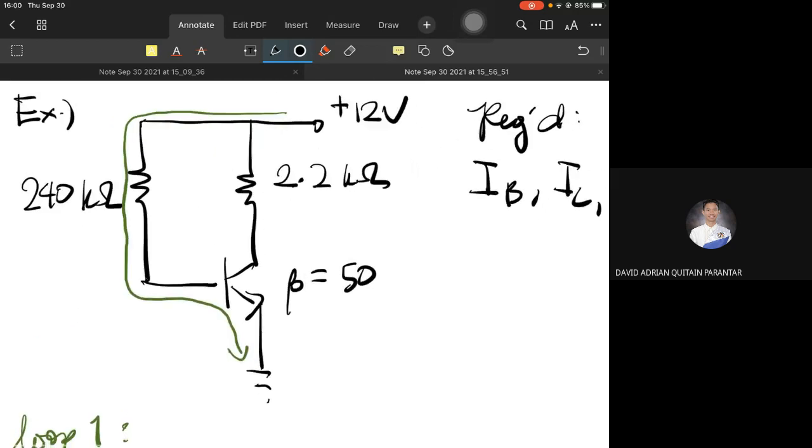First let us label: this is B, this is C, this is E. So we have the junction here, VBE, and also the junction here, VCE.